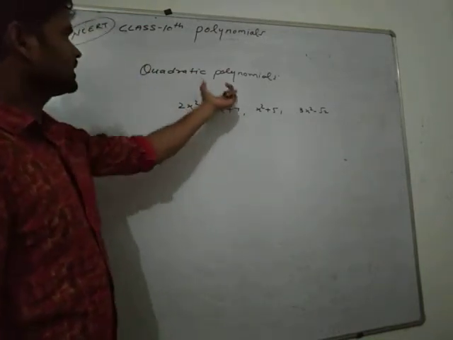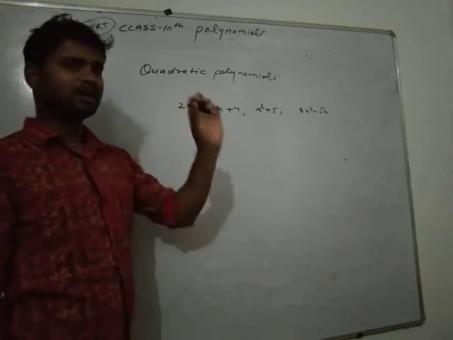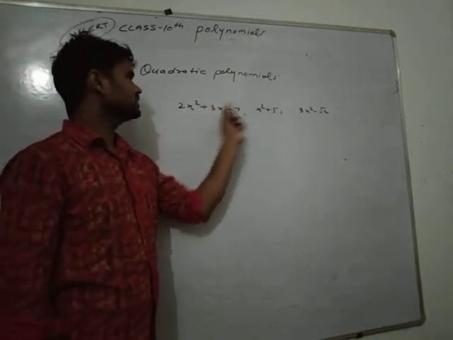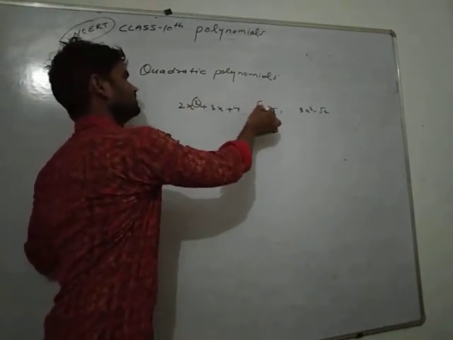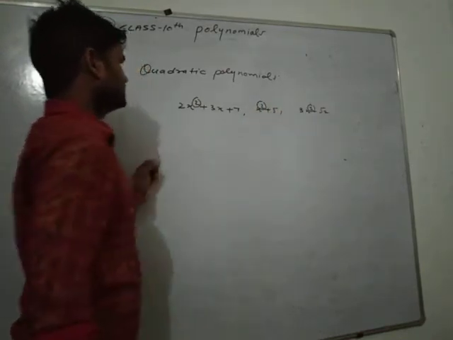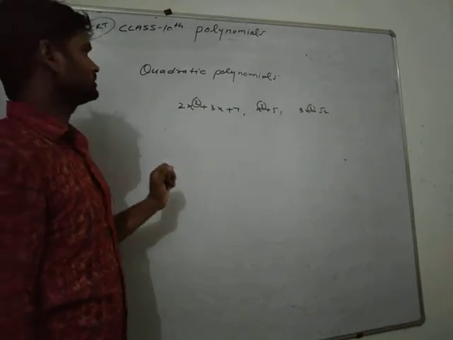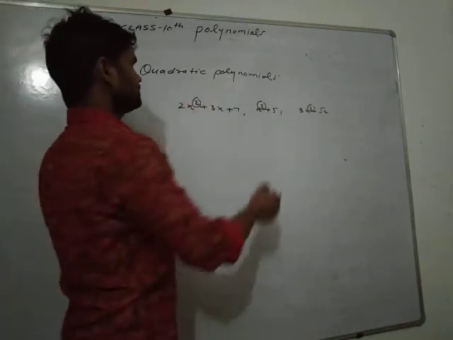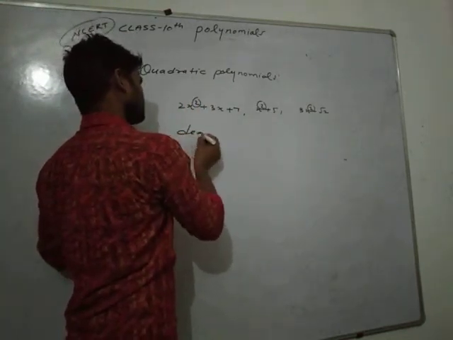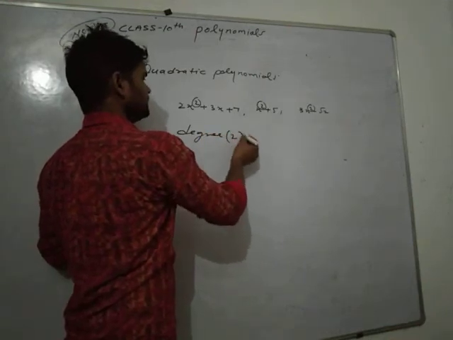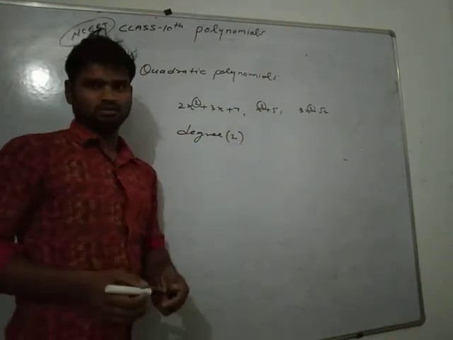So these are quadratic polynomials because the maximum power of x is 2. The degree of quadratic polynomials is 2.